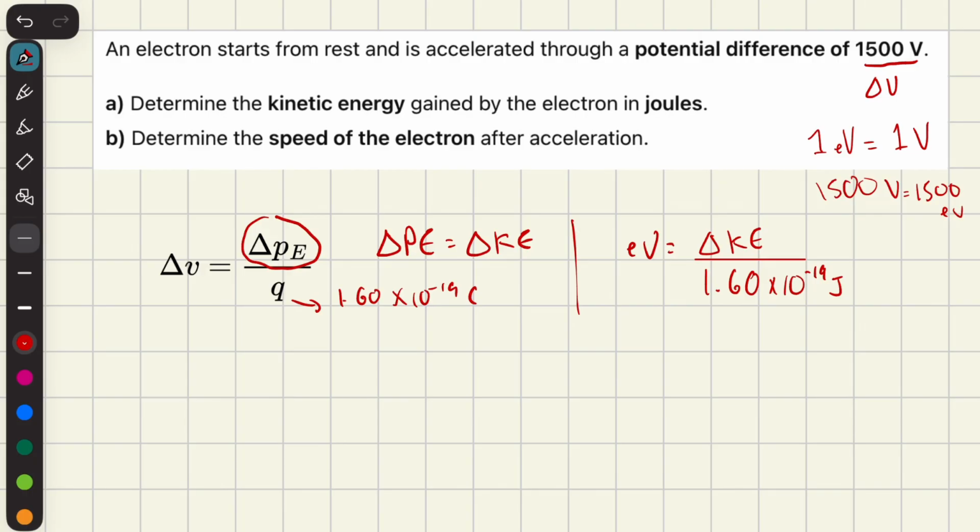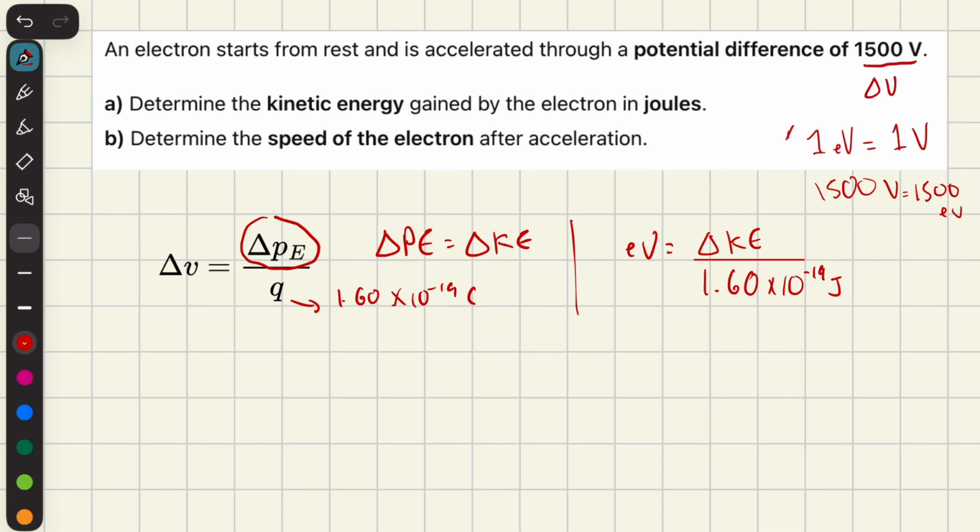So essentially, it doesn't really matter which formula I use because, again, my electron volt is equal to the energy gain, which would be the kinetic energy, divided by the energy that is experienced by the electron as it goes through that electric field. So whichever one I want to use, that's fine. But this is a little bit of a shortcut.